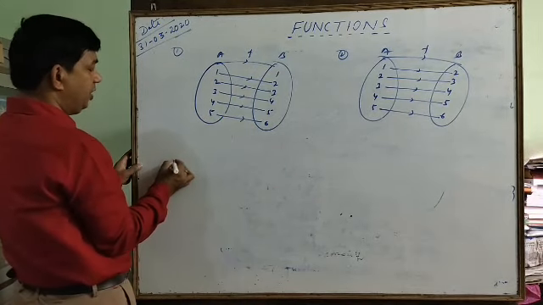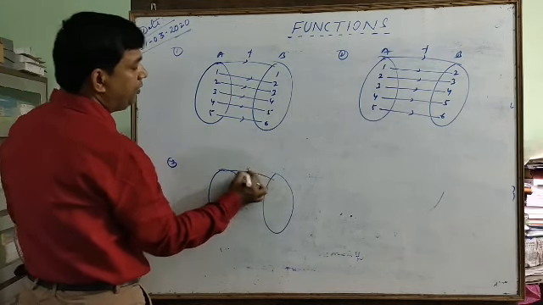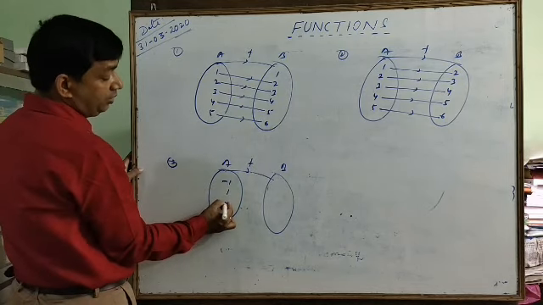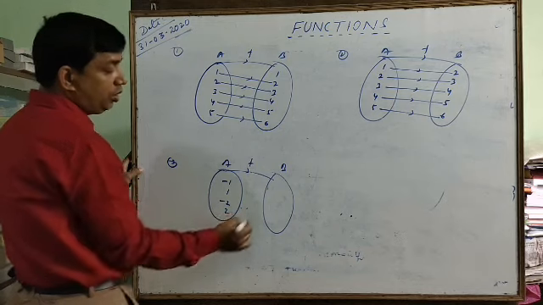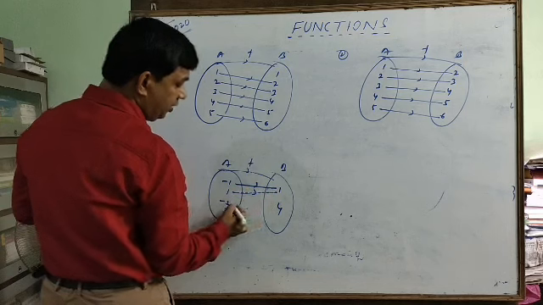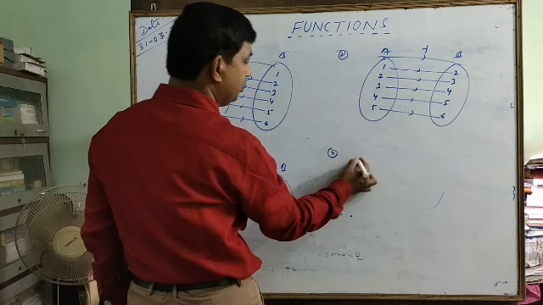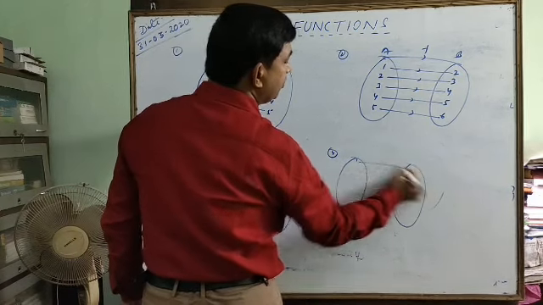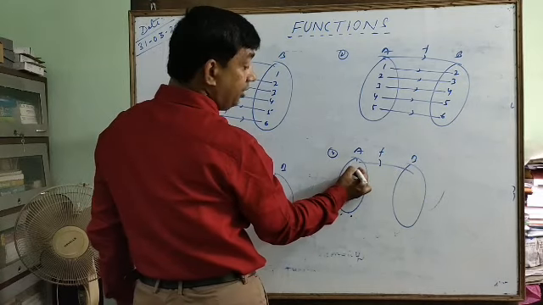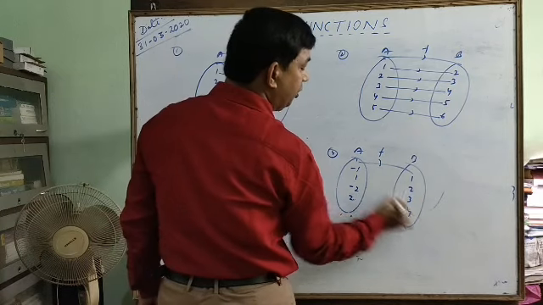Next, number 3. f is a rule from A to B. This is -1, 1, -2, 2. This is 1 or 4. These two are related to this. These two related to this. Number 4. f is a function from A to B. This is -1, 1, -2, 2, 1, 2, 3, 4.